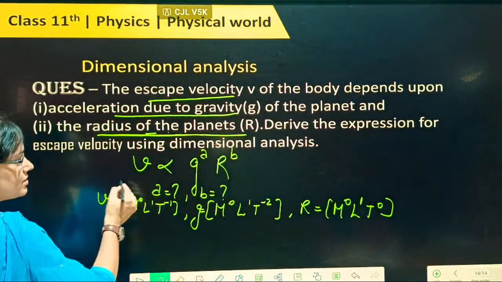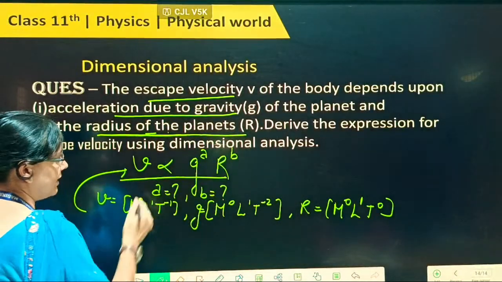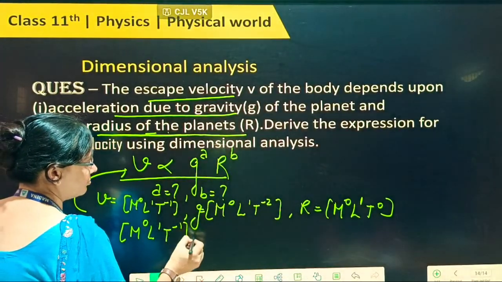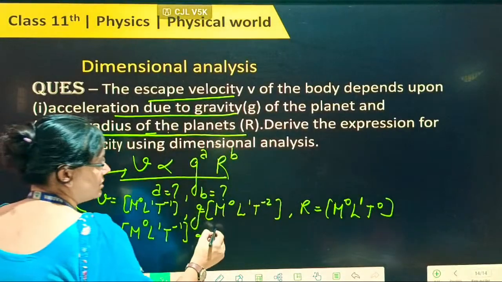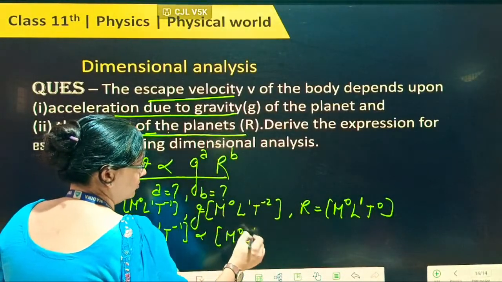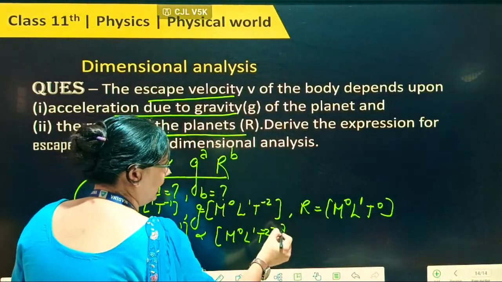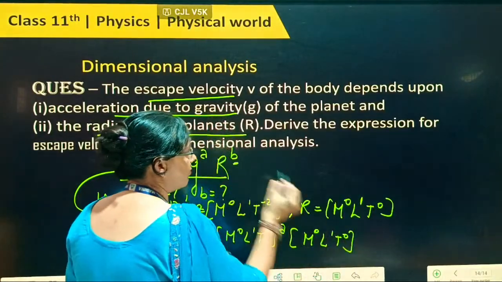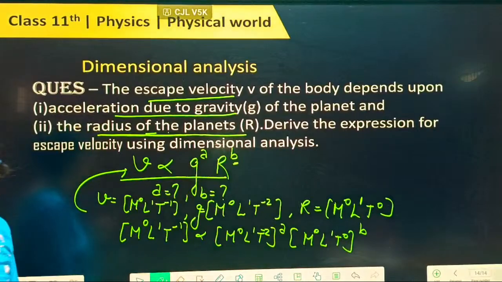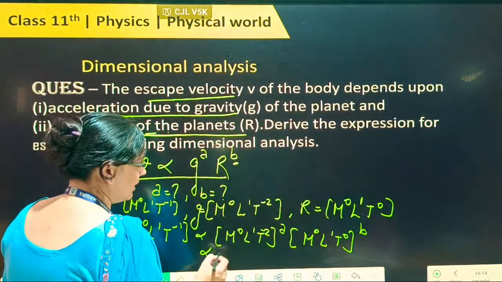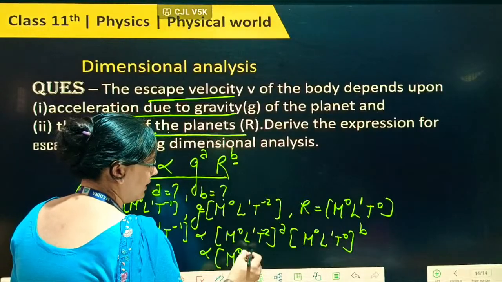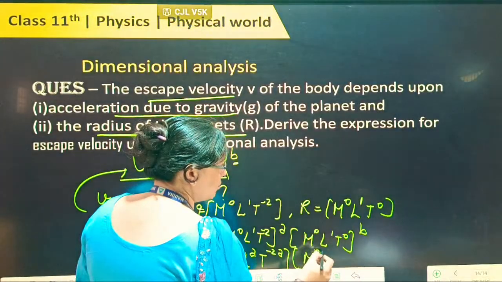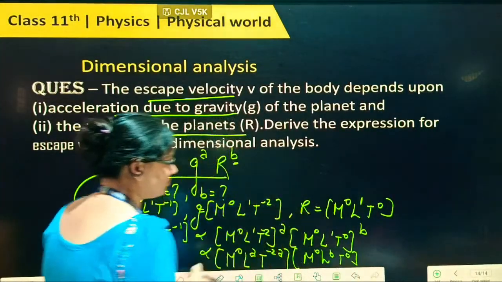Put the dimension values in this relation. After putting them, we can write M^0 L^1 T^-1 proportional to g, that is M^0 L^1 T^-2 all raised to power a, and for the radius M^0 L^1 T^0 raised to power b. After solving this, we get M^0 L^a T^-2a times M^0 L^b T^0.